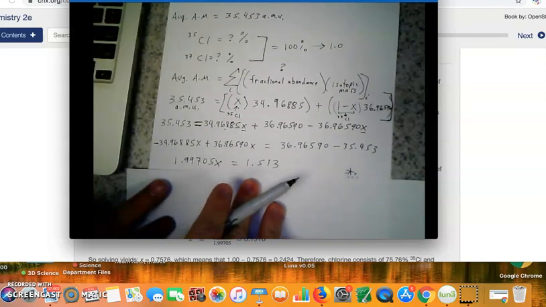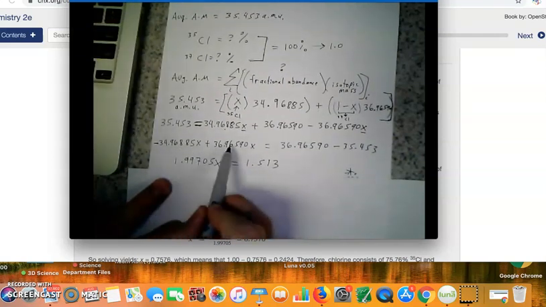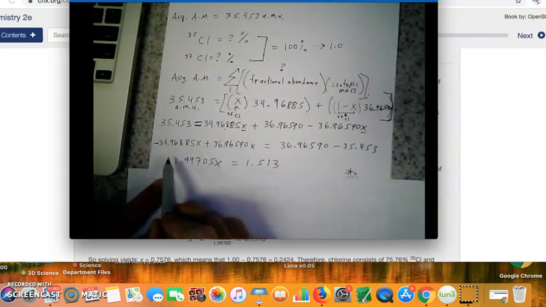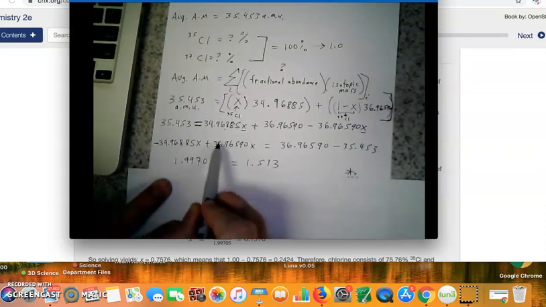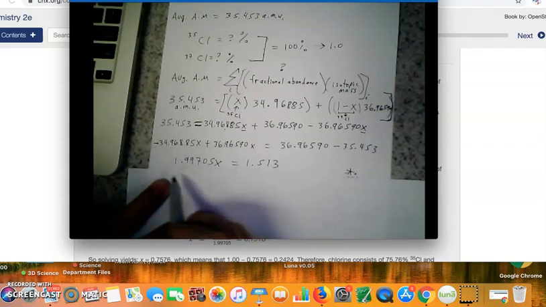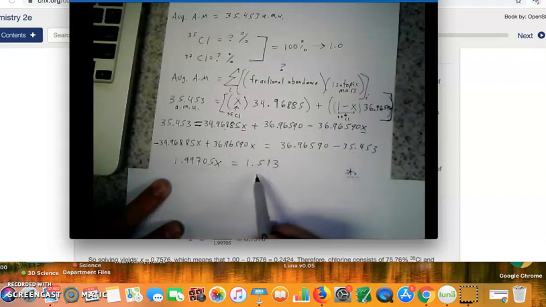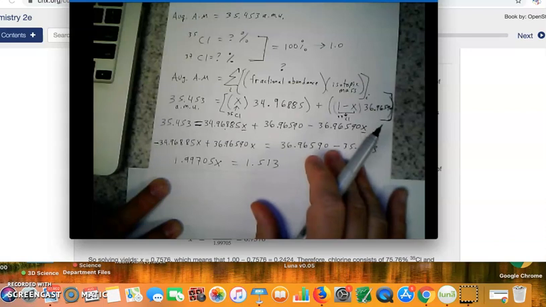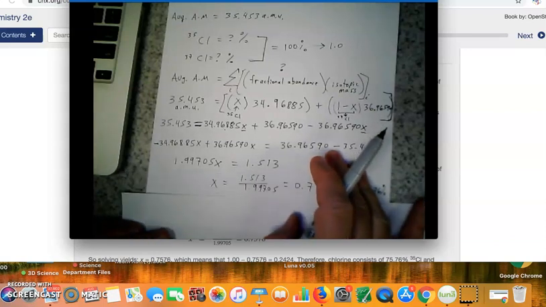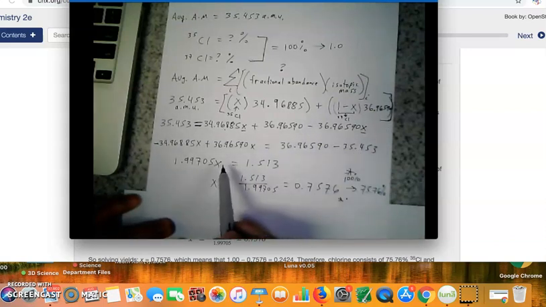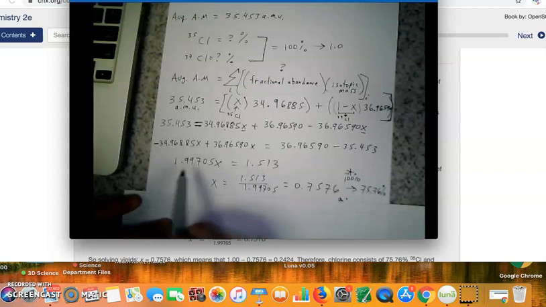All right, so now for my X's here, I have a positive number and a negative number. Because the positive number is greater than the negative, it's going to be a positive number. So I take the difference of those two numbers and get positive 1.99705X. And the difference here is 1.513. All right, so to solve for X, we divide both sides by 1.99705.